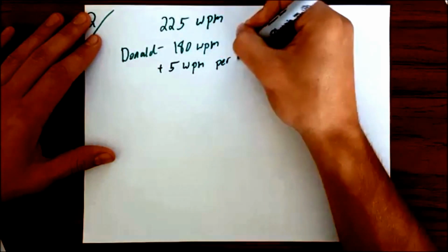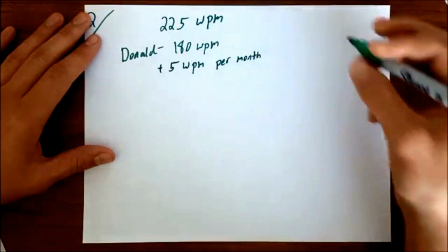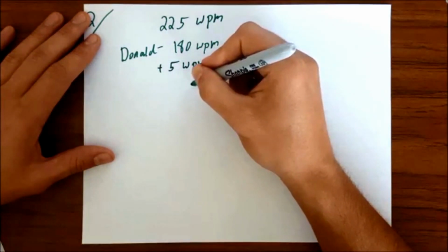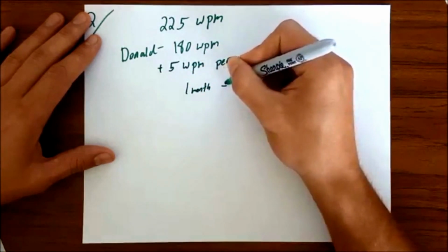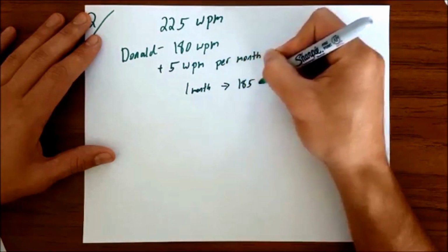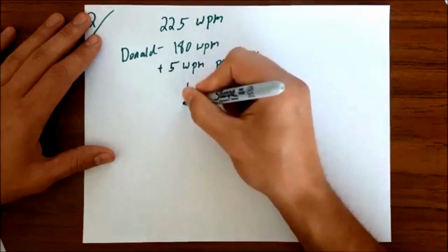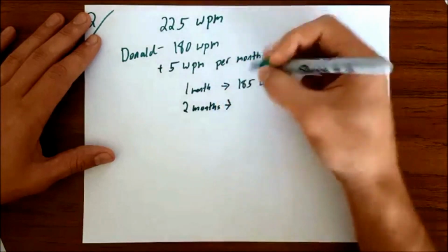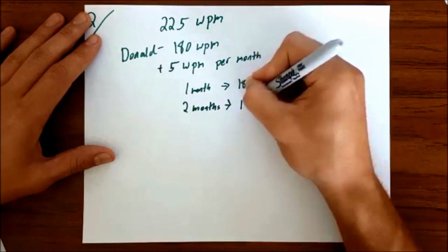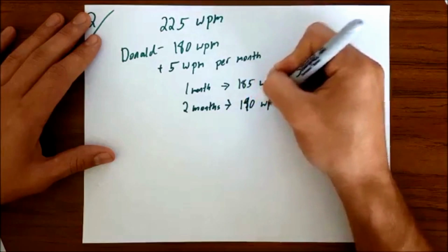Right. So if you think about it, let's say he practices for 1 month. So 1 month, he'd be up to 185 words per minute. If he practices for 2 months, he'd be up another 5, so 190 words per minute.